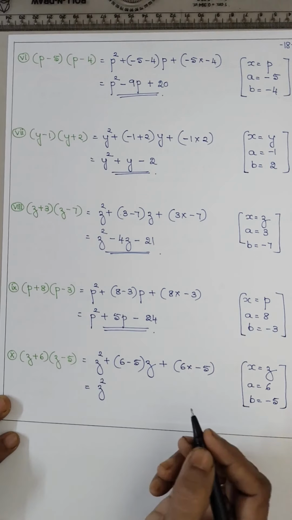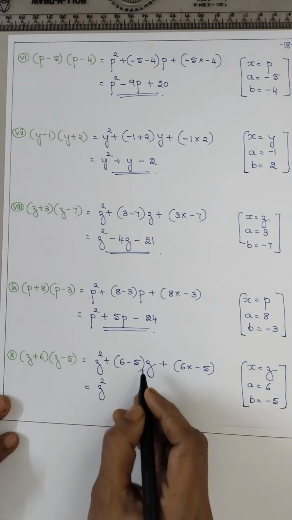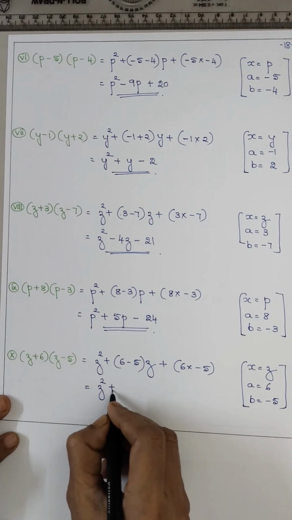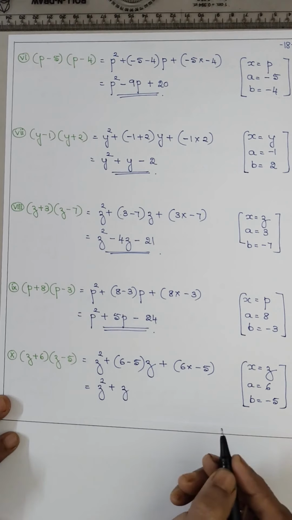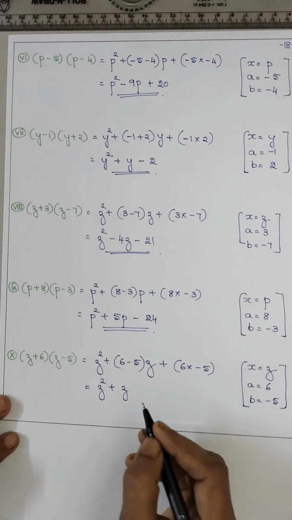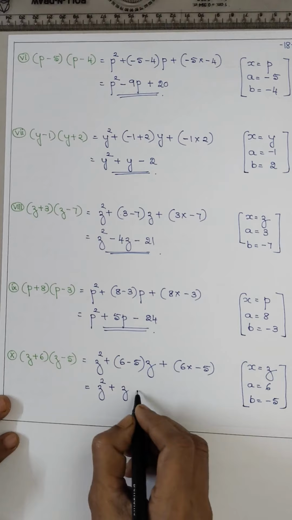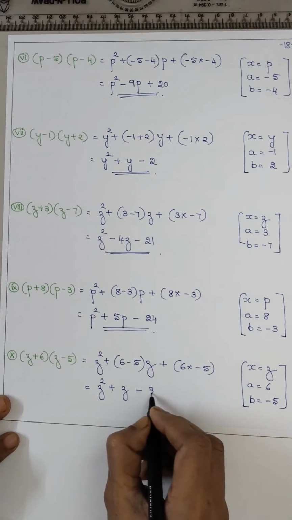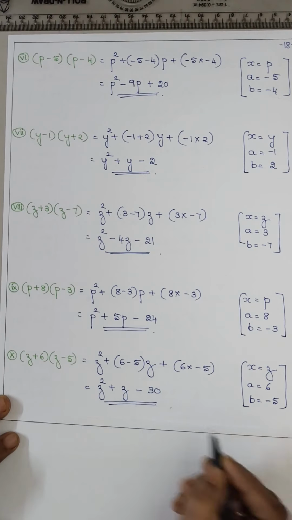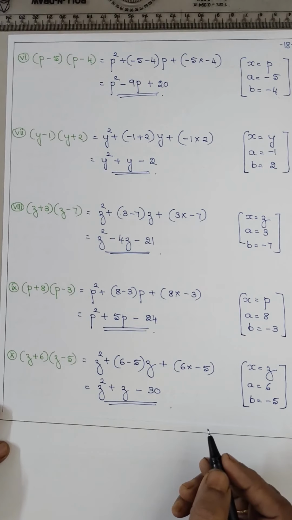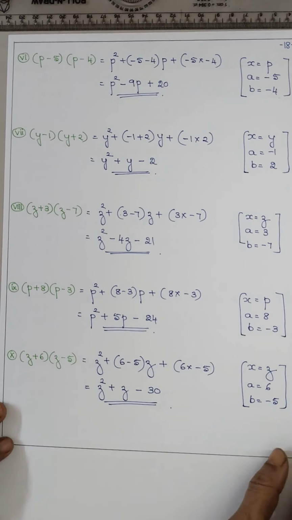Z squared, 6 minus 5 is 1 into z, 1z, that is z. Different signs, minus, 6 fives are 30. You got z squared plus z minus 30.